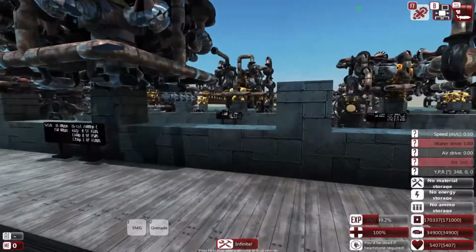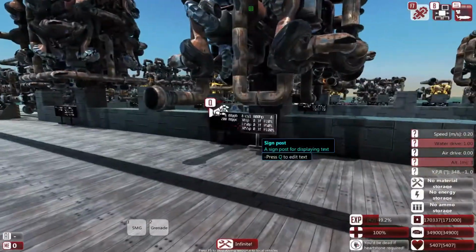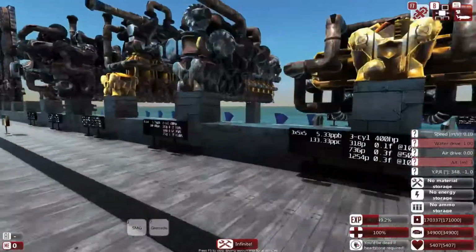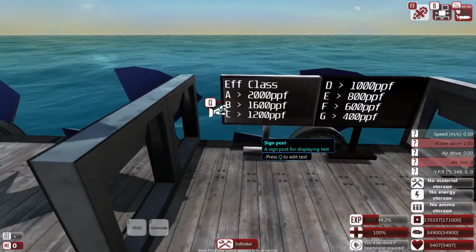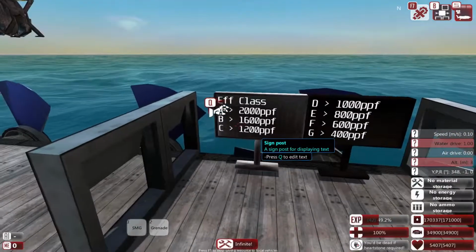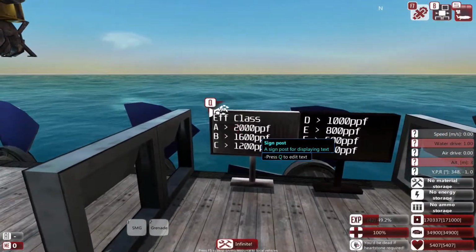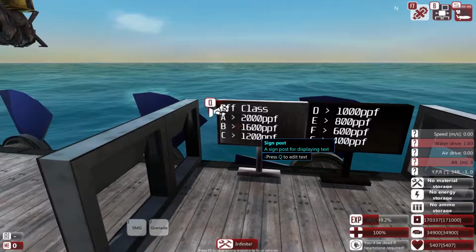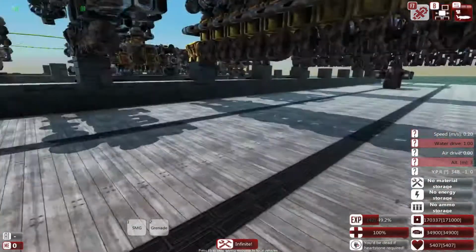So at some point in the future, as I start building more efficient motors, I might change the system to where it's above 3000 and then bring that B rating, or I might bring my C rating over to this side, my 1200 over to this side, and then make this 1500 a C rating, 2000 a B rating, and 3000 an A rating.